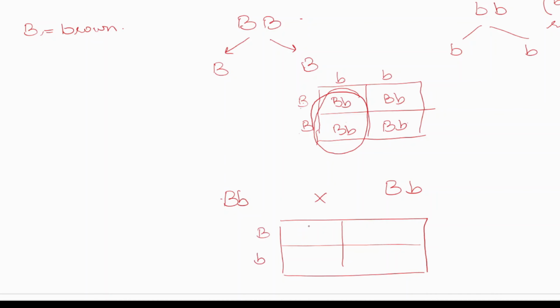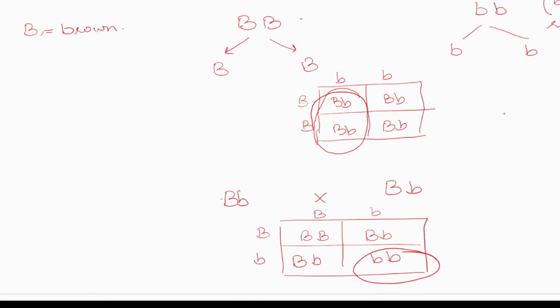Let's write capital B, capital B. Now we'll write the capital letter first as a general representation. Only 1 out of 4 children would have blue eyes.